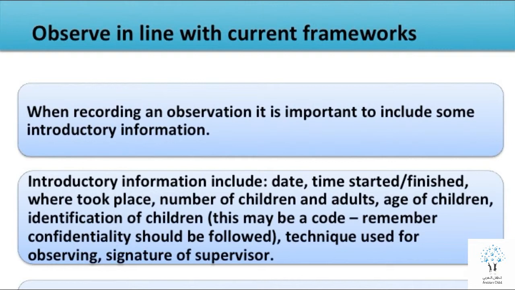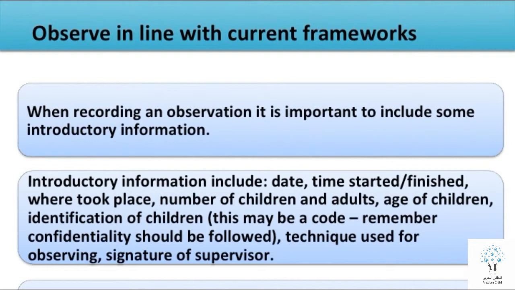And then most importantly, your observation has to have an aim, right? You have to have a reason for carrying out that observation. What's the area of development? What's the specific skill within that area of development? So let's say you're observing physical development. That's your area. But if I ask you to be more specific, you'll say, okay, then I'm observing fine motor development.